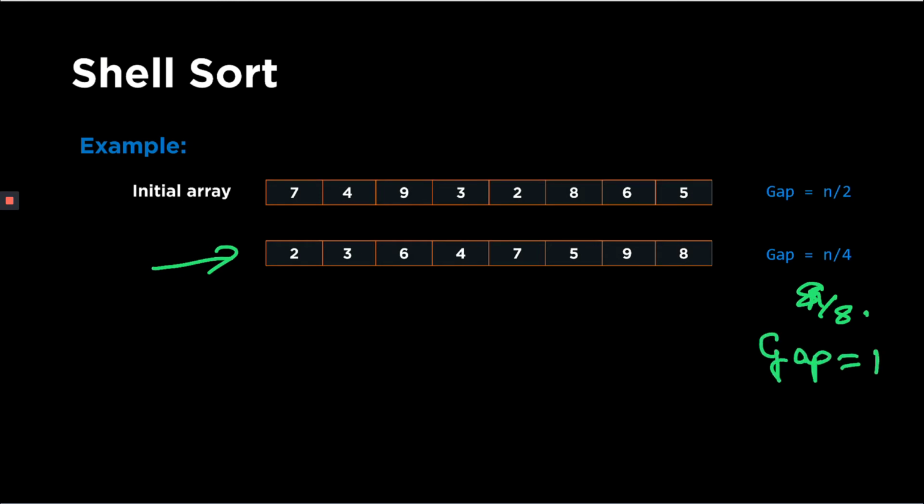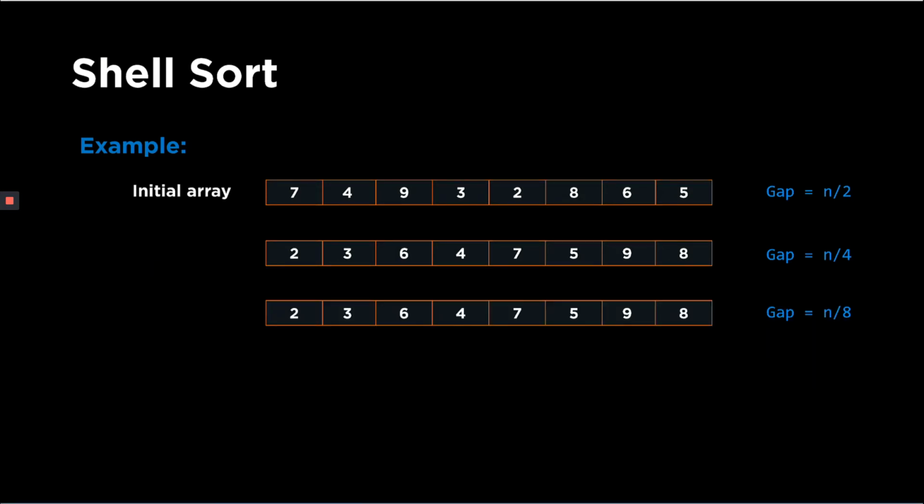In this case, this is the final pass, and this is actually equivalent to one pass of insertion sort. Technically, what is happening here is we are going to compare adjacent elements which are next to each other. Since 2 and 3 are in order, nothing will happen. Next, we compare 3 and 6. In order, nothing happens.